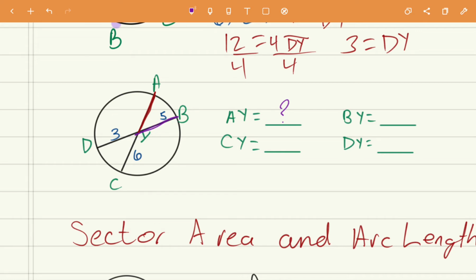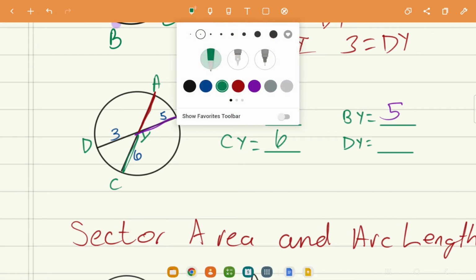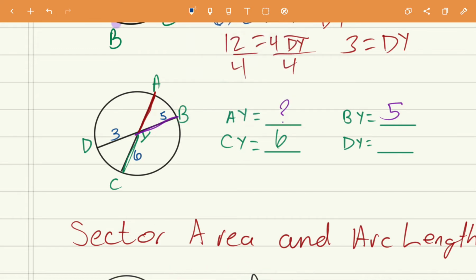So BY right here, that is 5. CY here is 6. And DY here is 3. To make this easier, I'm just going to write it using the first letters. So A times C equals B times D. A is our variable. C is 6. B is 5.